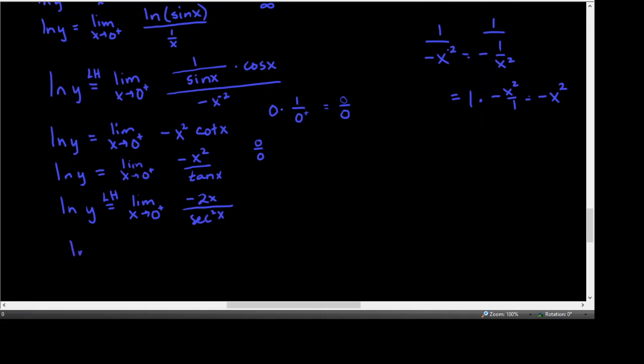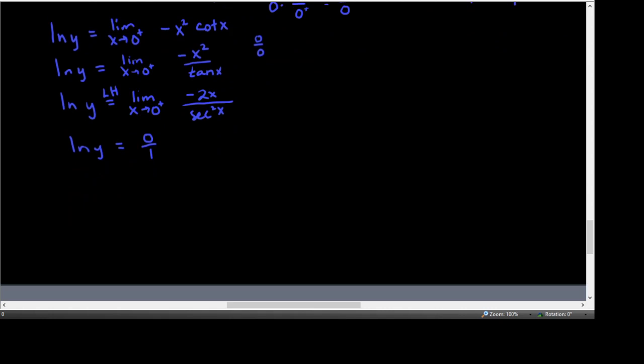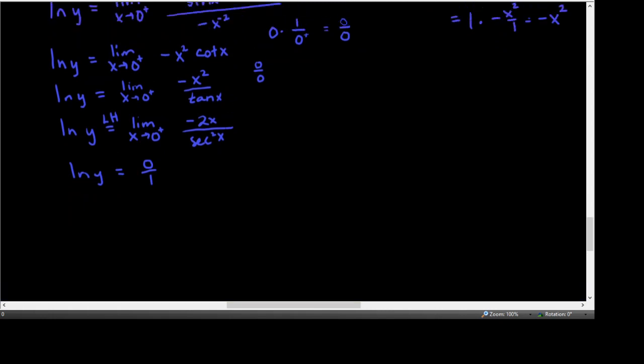So let's see what that gives us by substitution. Negative 2 times 0 is headed towards 0. And the secant of 0 is 1, and 1 squared is 1. And so that's actually a numerical value, 0.